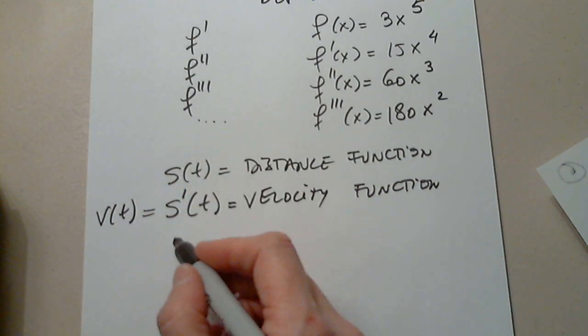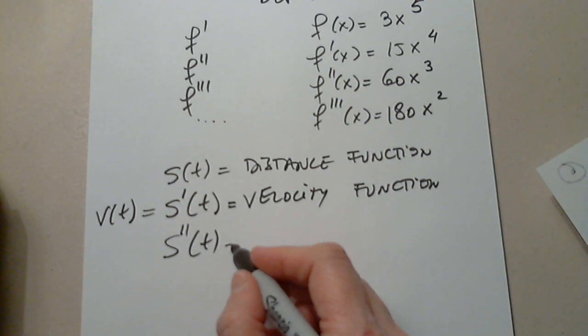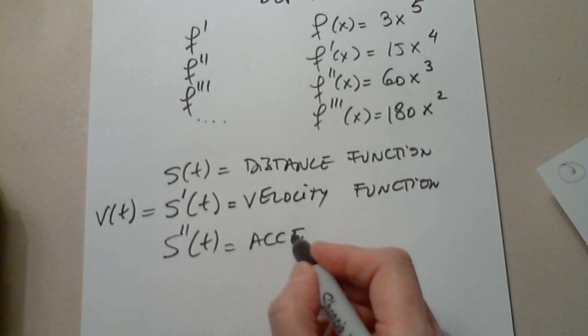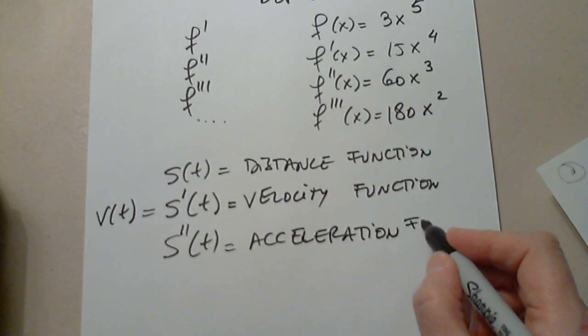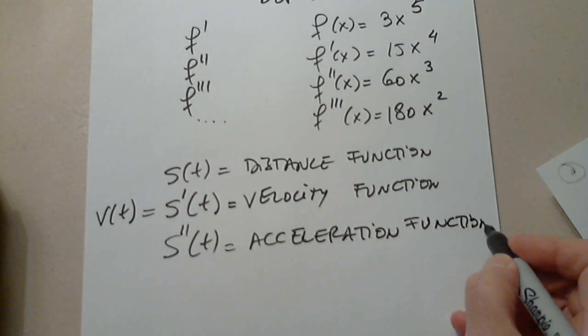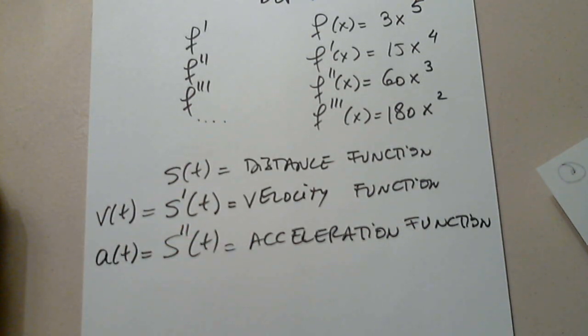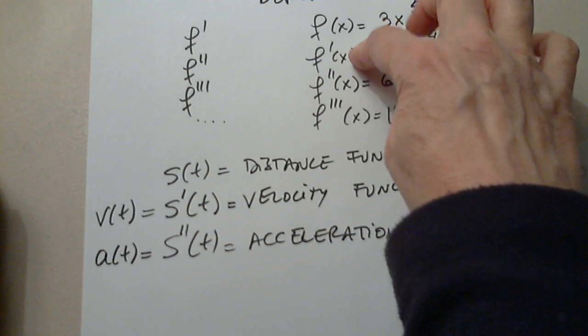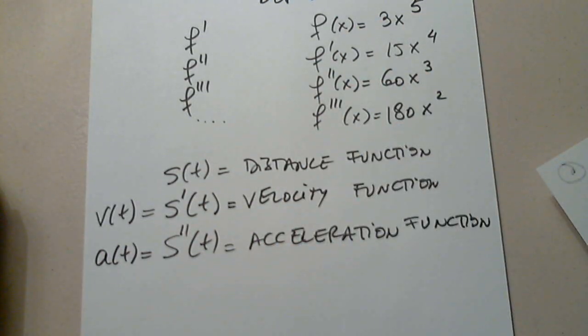And the second derivative, s double prime of t, will be the acceleration function, which we denote by a of t. So not just the first derivative is important, but even the second derivative, and in some cases the third derivative. Not in this class, but we can be asked to determine them.